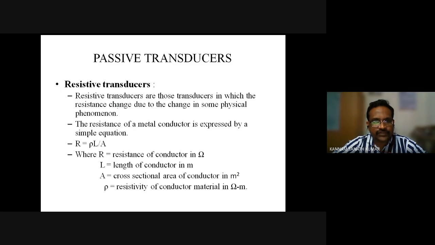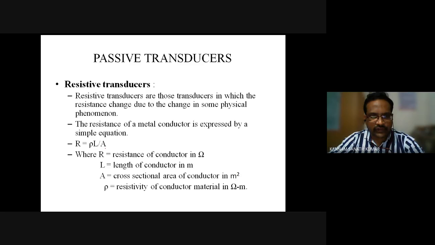Resistance transducers: as we have seen, among passive transducers you have resistive transducers, where you get the output in terms of resistance. As you know, resistance R equals rho L by A, where rho is the resistivity of the conductor, L is the length of the conductor, and A is the cross section of the conductor.